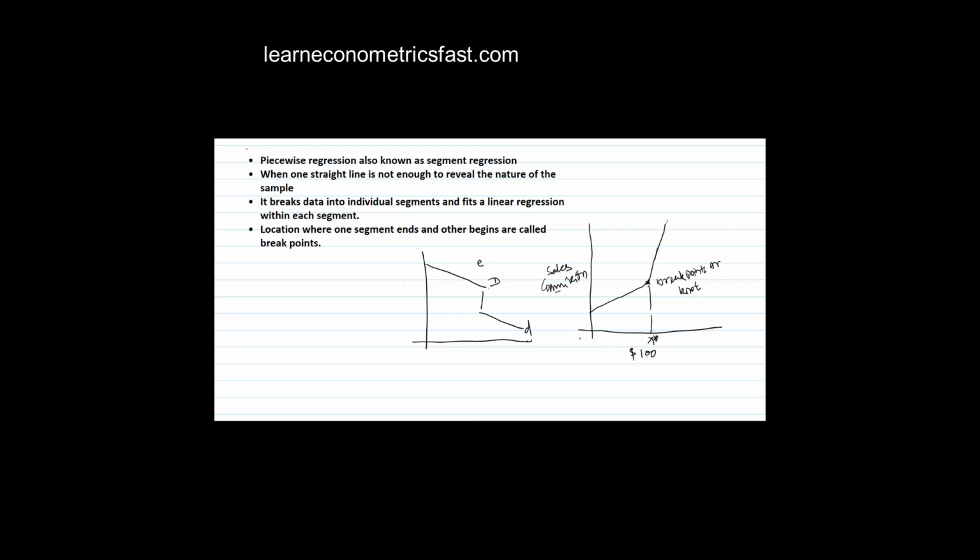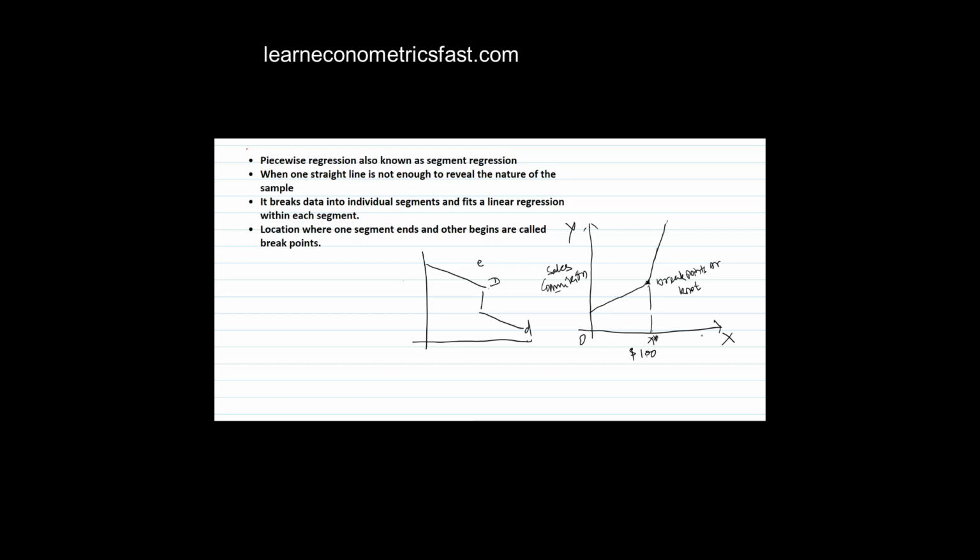Okay, so let's see how we represent that in terms of our equation. The simplest one we will study represents that with a dummy variable.